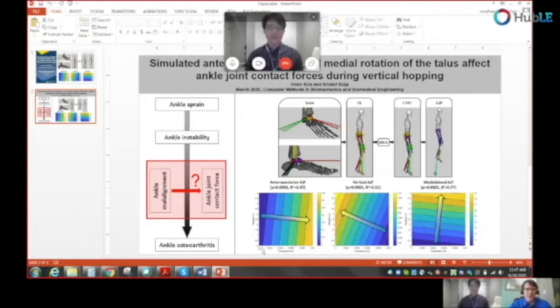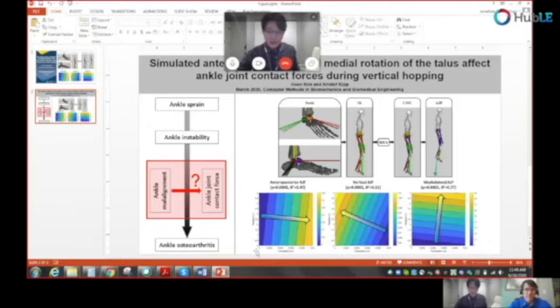Yes. So let's talk about the major findings you had here. So you've got these plots down here. Yeah, it's very colorful plots. So we have 3 plots in the figure, and when you look at the first one, the title is anteroposterior ankle joint contact force.